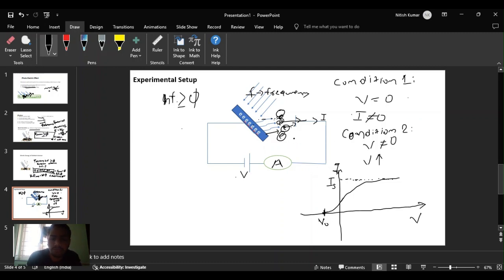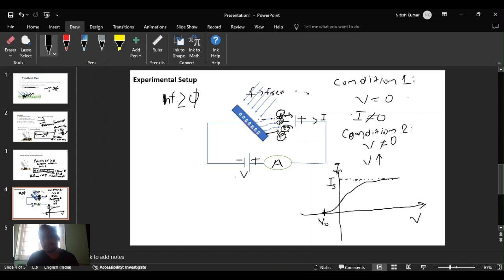So in condition 2, we are increasing the potential. As the potential increases, this plate is positive and the other is negative. Here the plate is positive and the electron is negative, so the electron will get attracted to this positive plate.